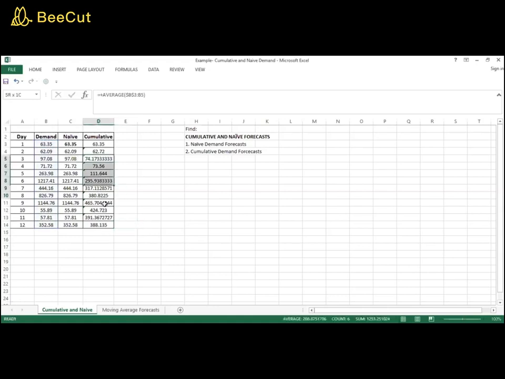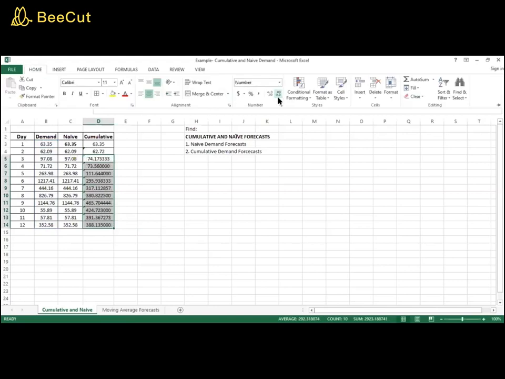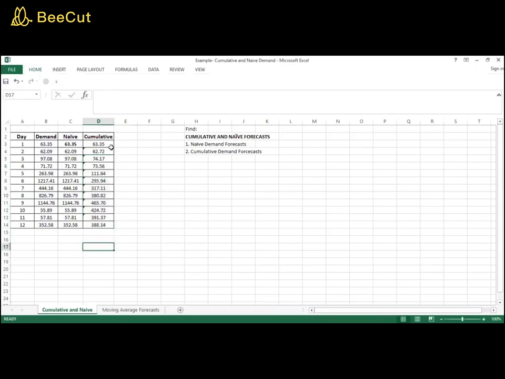Now, I want this to be just 2 decimal points. So I'm going to make it 2 decimal points. So this is basically how you are able to calculate naive and cumulative forecast. Now again, if I ask you what the cumulative forecast for period 9 is, then it would be this figure over here.